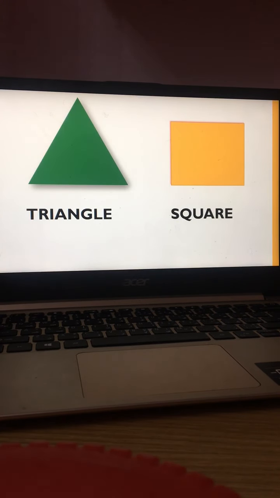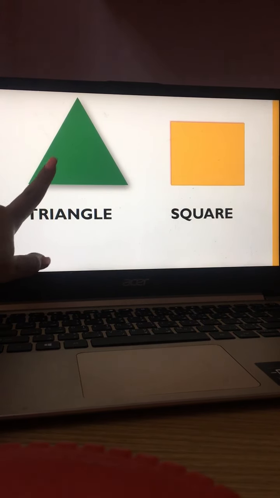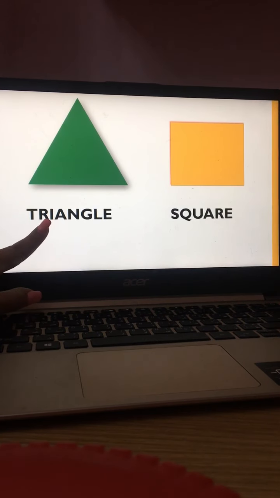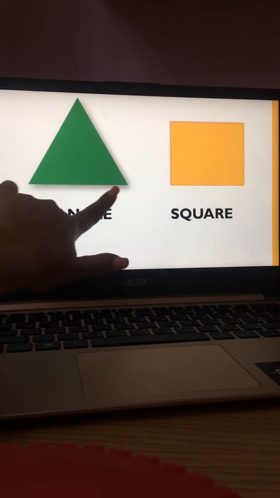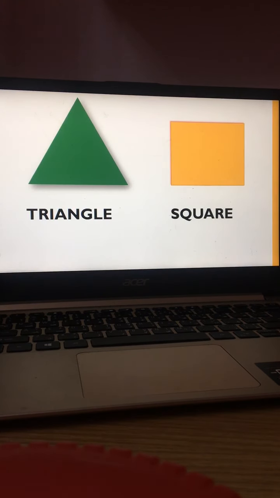Now, the first example of a 2D shape is this one. This is called a triangle. This is how a triangle looks. Remember that 2D shapes have two measurements.